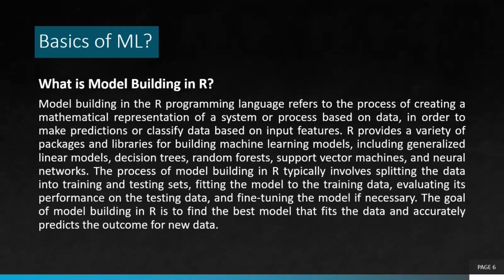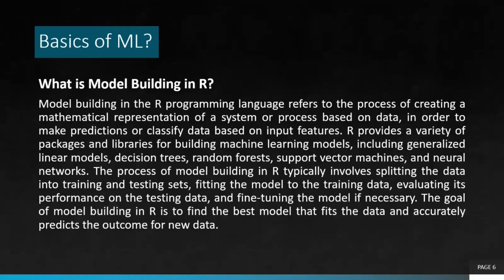So what is actually model building in R? Model building in R programming language refers to the process of creating a mathematical representation of a system or process based on data in order to make predictions or classify data based on input features. R provides a variety of packages and libraries for building machine learning models, including generalized linear models, decision trees, random forests, support vector machines, and neural networks.